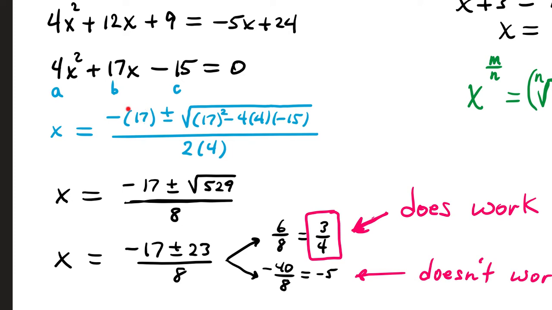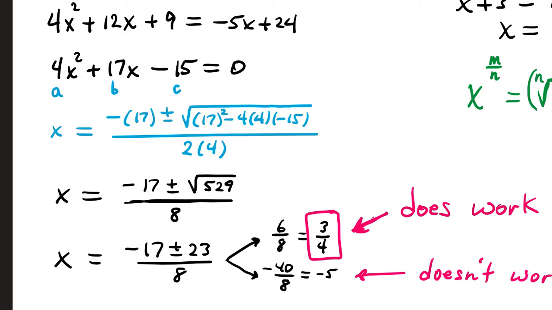Remember to solve and simplify the upper left, the denominator, that's 8, and under the radical, your discriminant is 529. Get that discriminant first because you may or may not be able to square root that total.